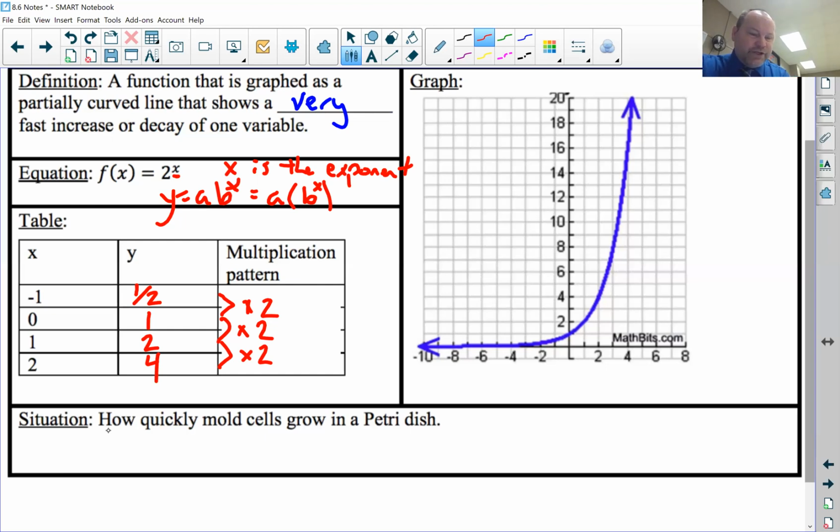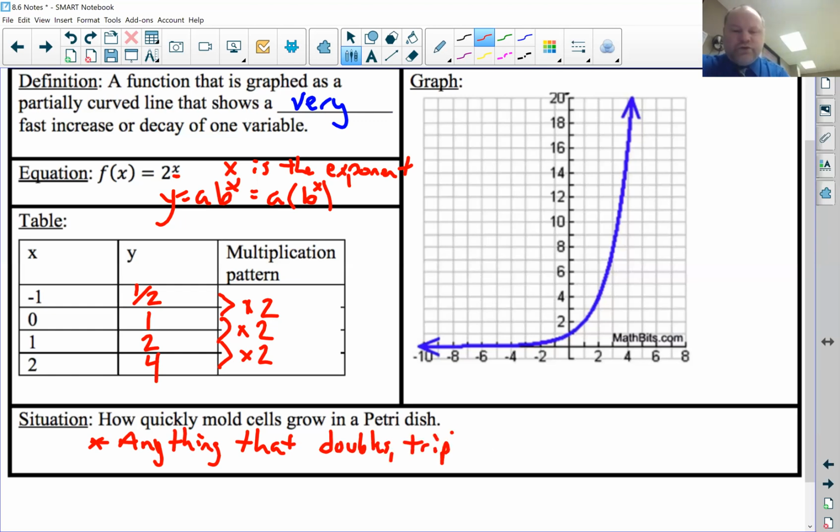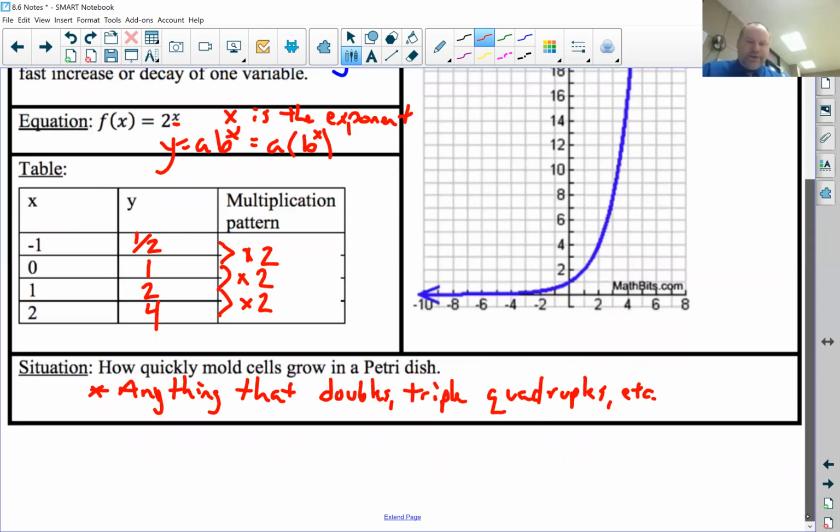Other situations, anything that doubles, triples, quadruples, etc., would be described as an exponential function and would show exponential growth.